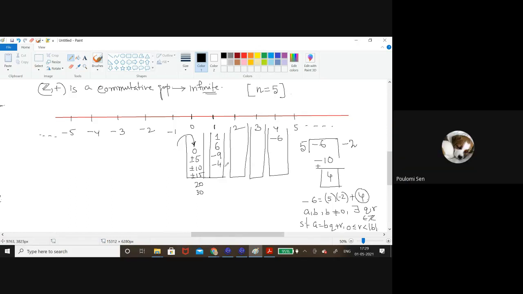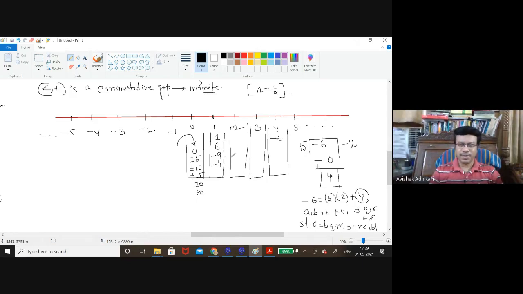Now you can increase by 5. 1 plus 5 is 6, then 6 plus 5 is 11. Here also, if I have minus 4 plus minus 5, that becomes minus 9, then minus 9 becomes minus 14, and so on.